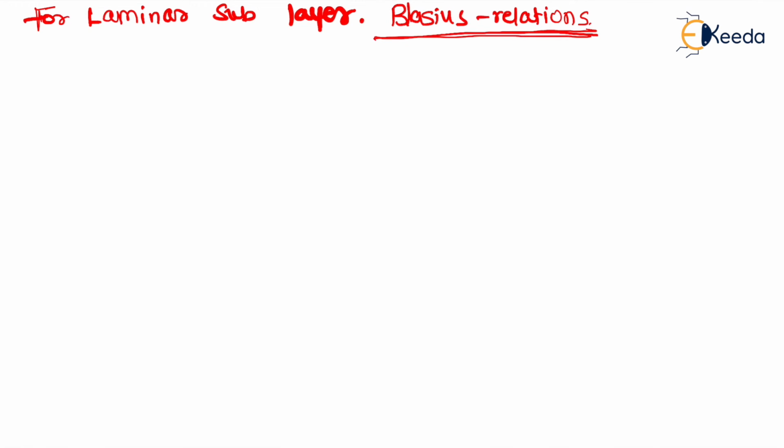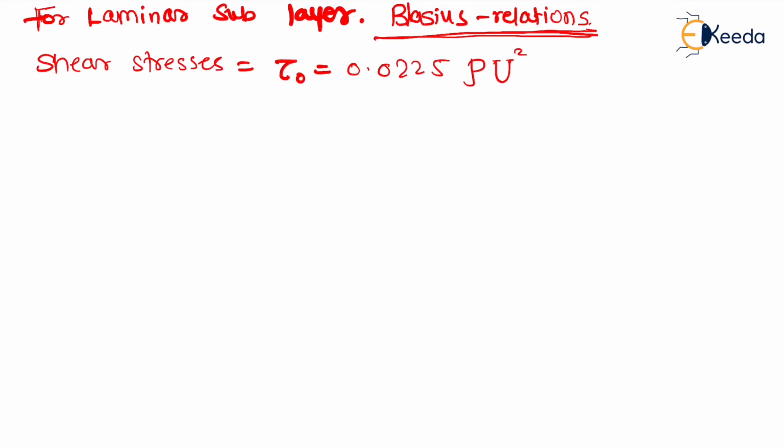According to the Blasius relation, the shear stress tau naught is equal to 0.0225 rho U square times mu upon rho delta U, to the power 1 by 4.